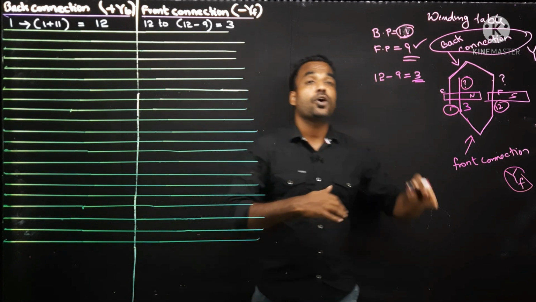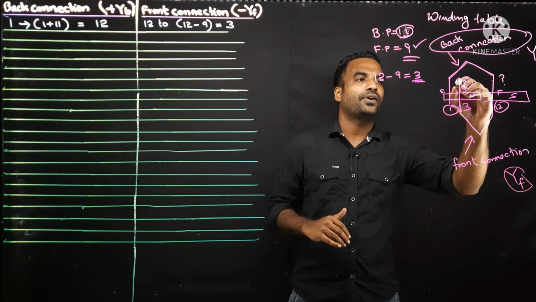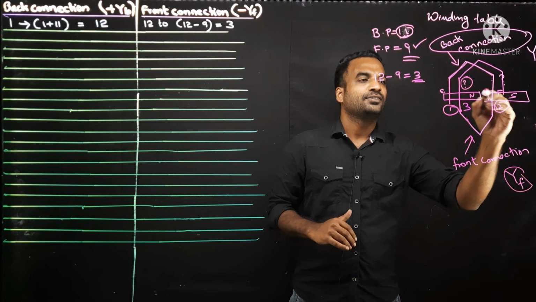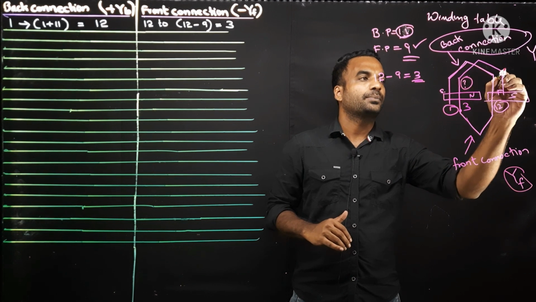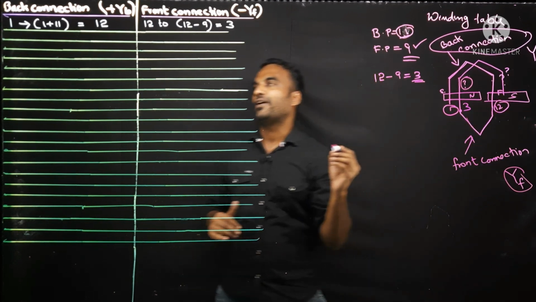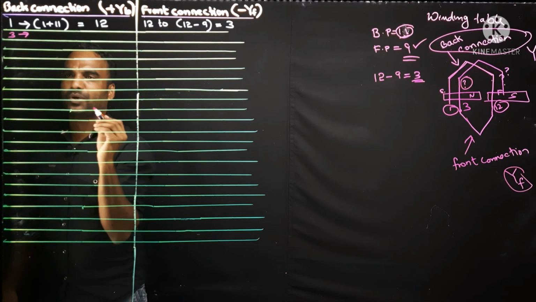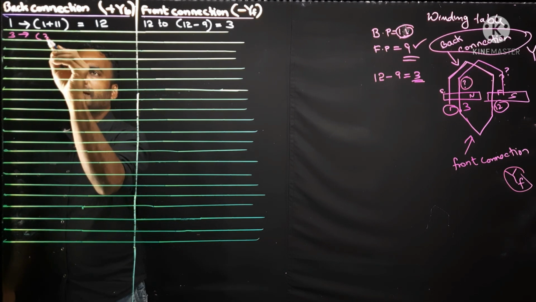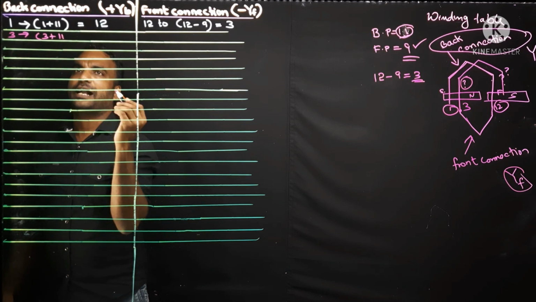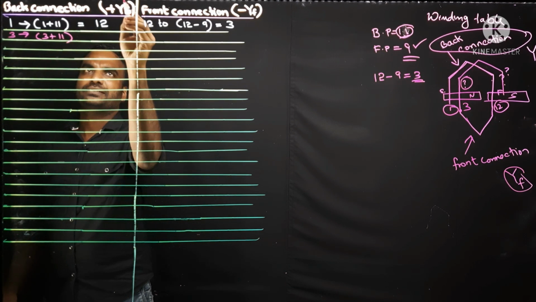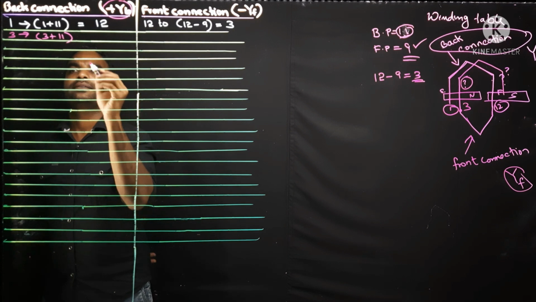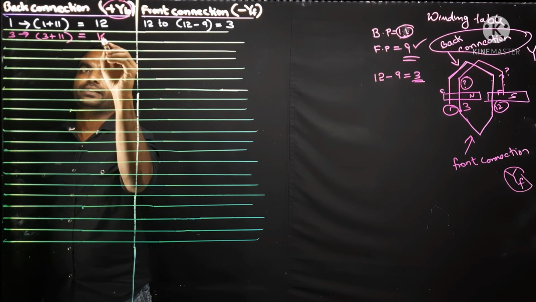This is the procedure. Now I am going to repeat the same thing to find the second conductor. From 3 to some new conductor, its value will be 3 plus back pitch 11, that is 14.